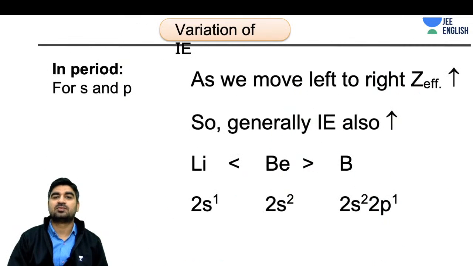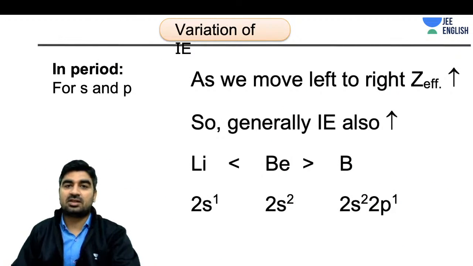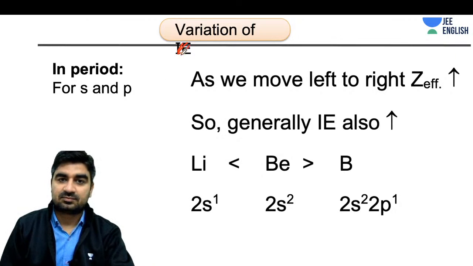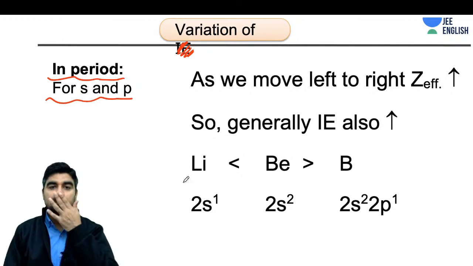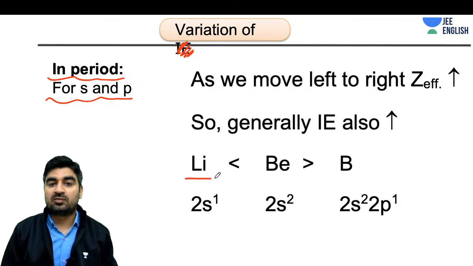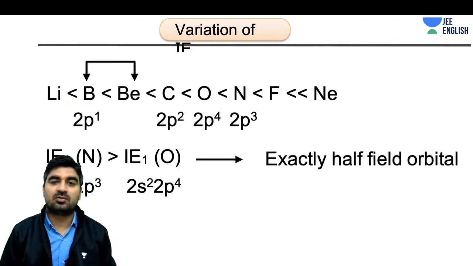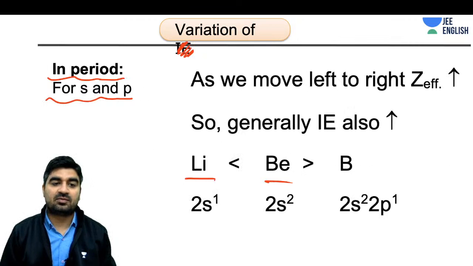So now let's move on. What is the periodicity, or the variation, in a period? When we move left to right, let me take one example over here.